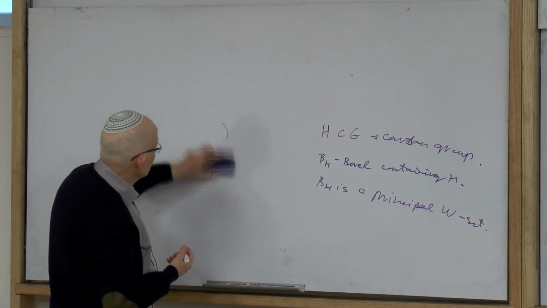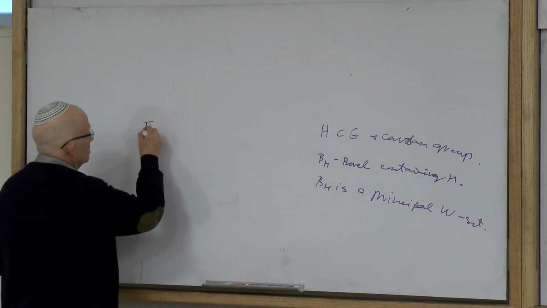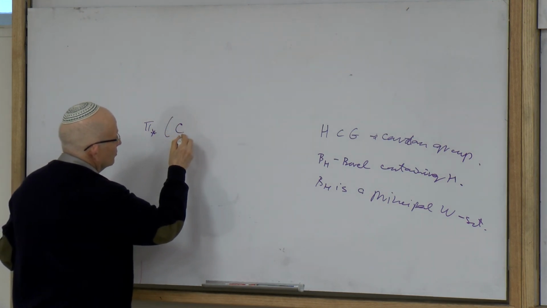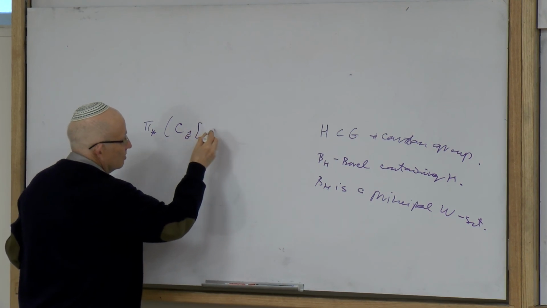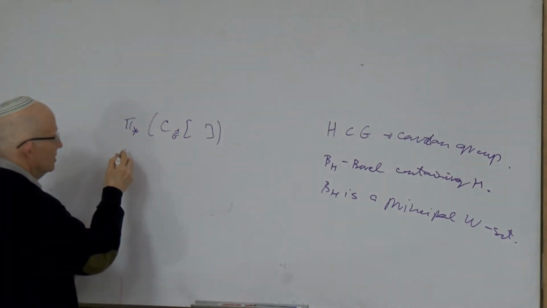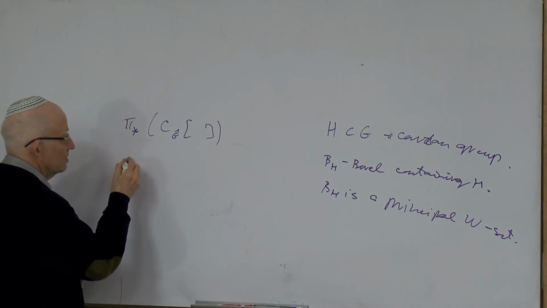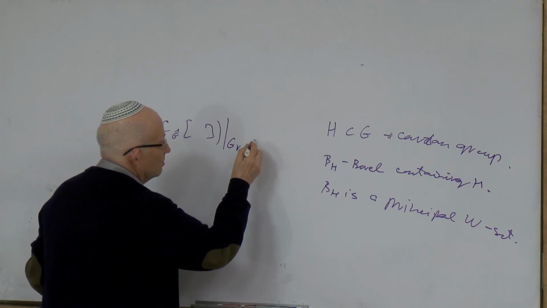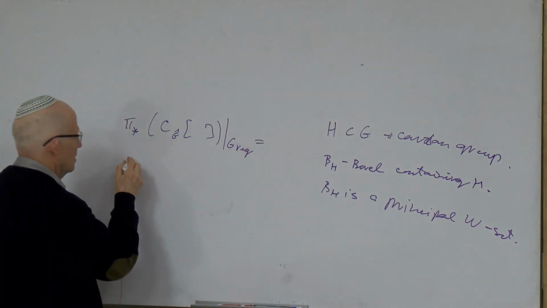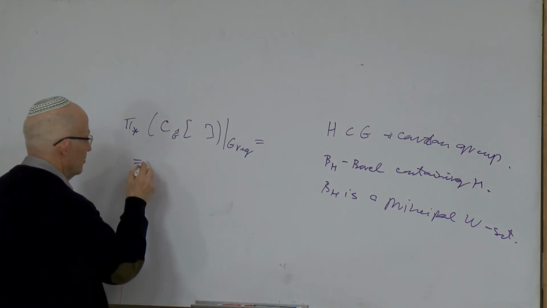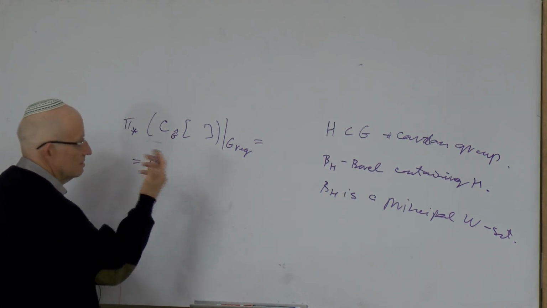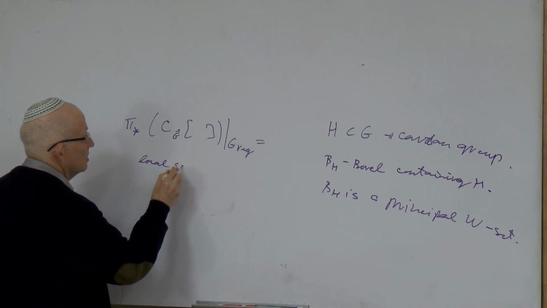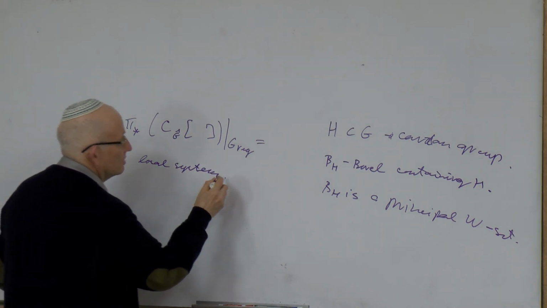So hence, if I consider pi star of the constant sheaf C on G tilde, shifted, I consider it as a perverse sheaf, then restricted to G regular it will be a local system with action of W.